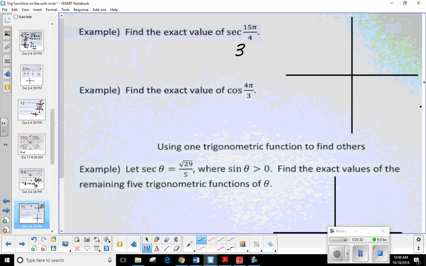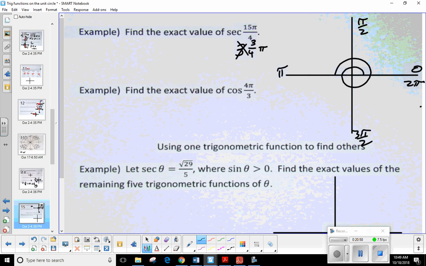So this right here would be 3 and 3/4 pi, right? So here's pi over 2, 3 pi over 2, start at 0, go around to 2 pi. So I'm going to go 1 pi, 2 pi, 3 pi. And now I just want to go 3/4 further. So what quadrant would that put me in? That's going to be in the fourth one.